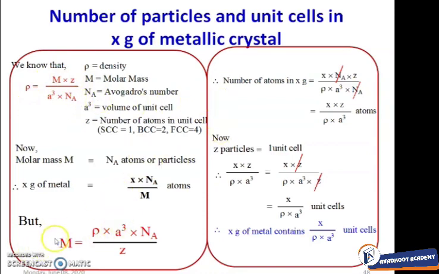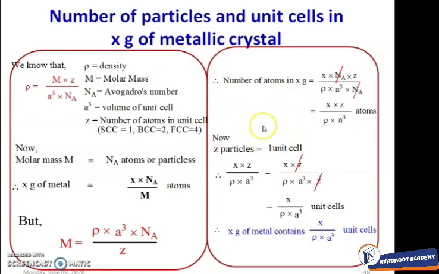Now we substitute the value of m in this relation, and then the number of atoms present in x gram is equal to x into Na into z by rho a cube Na. When we simplify this, it becomes x into z upon rho a cube. So these many atoms are present in x gram of metal.